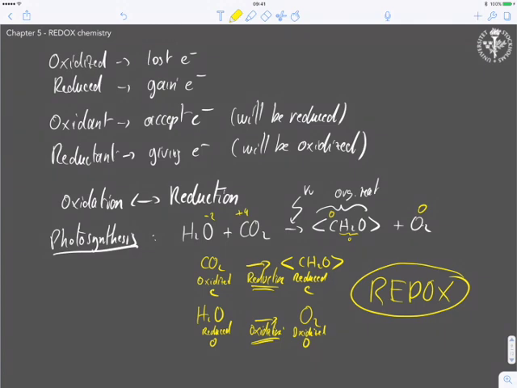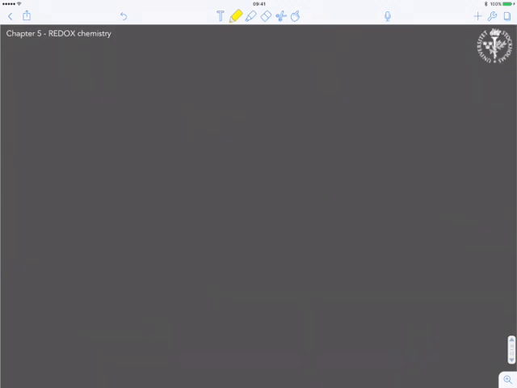Now let's look at the way to have the right stoichiometry when you're dealing with a redox equation. This is very interesting because it will also link chapter 4 with chapter 5, because we will balance those equations with addition and subtraction of H plus, and H plus is directly related to the acidity of an environment.